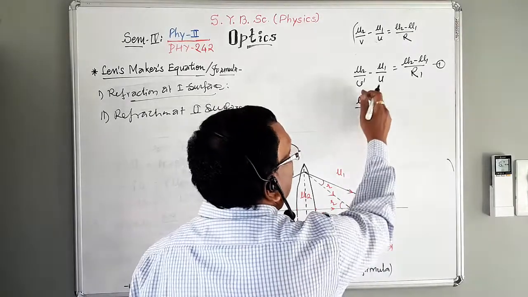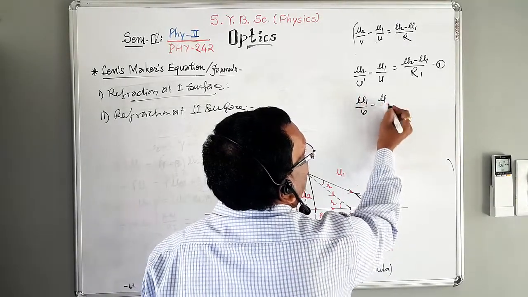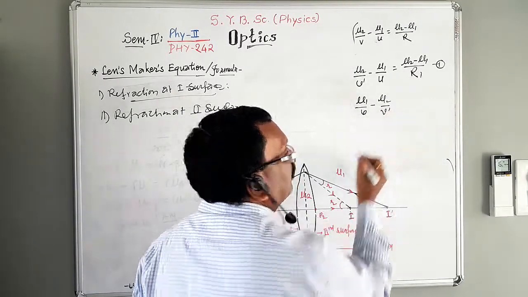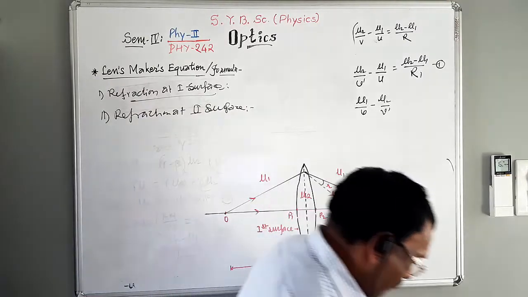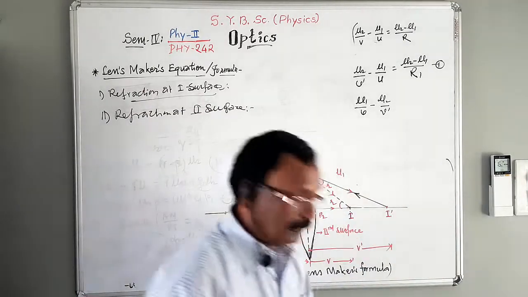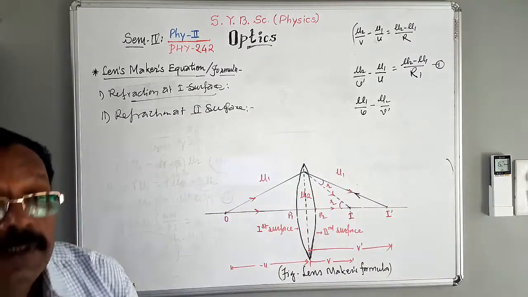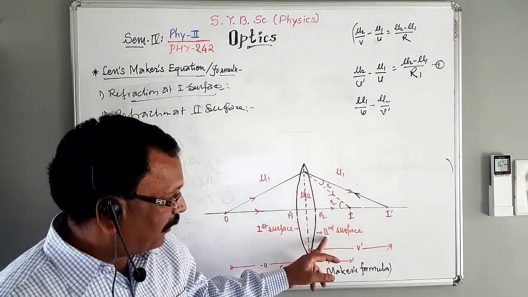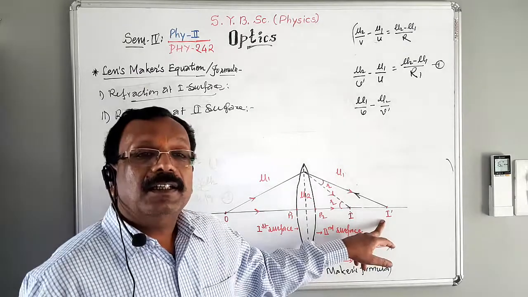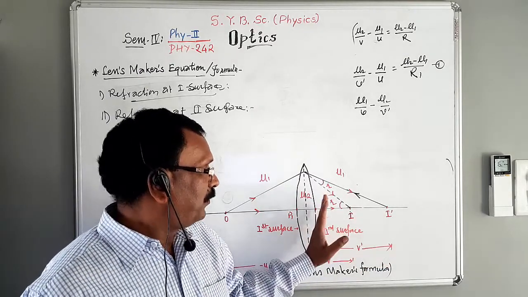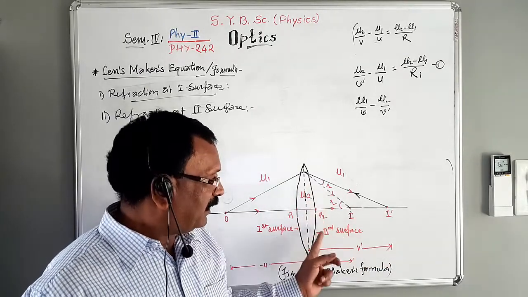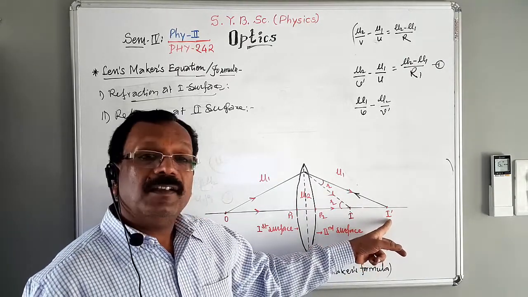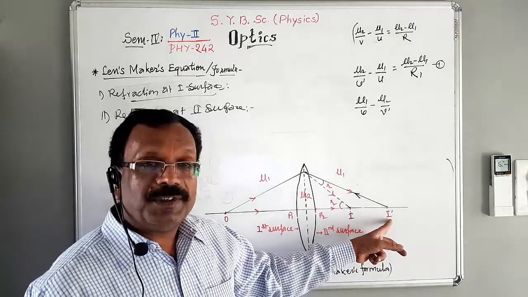When the second surface is present, this image, which was real in the absence of the second surface, now acts as a virtual object.